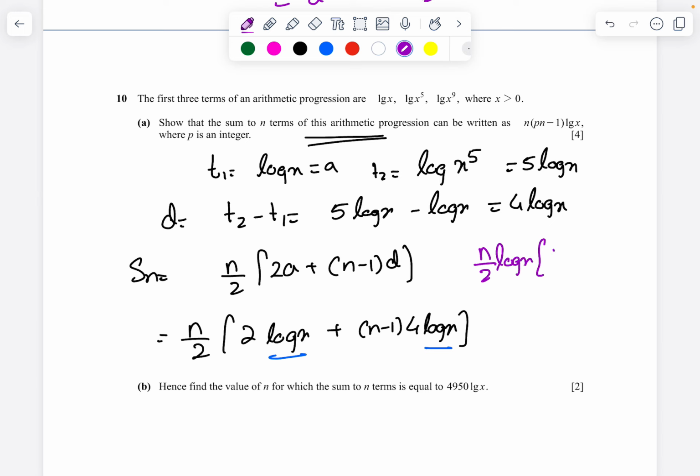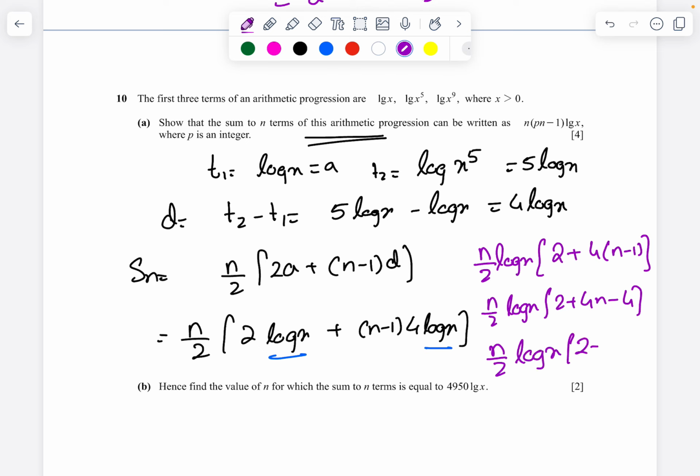What is left inside the bracket? 2 plus 4 times (n minus 1). So n upon 2 log x, 2 plus 4n minus 4.